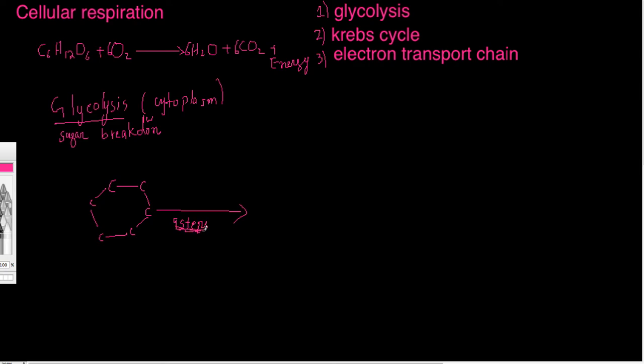As it goes through this process, we get two 3-carbon molecules, which are called pyruvates.